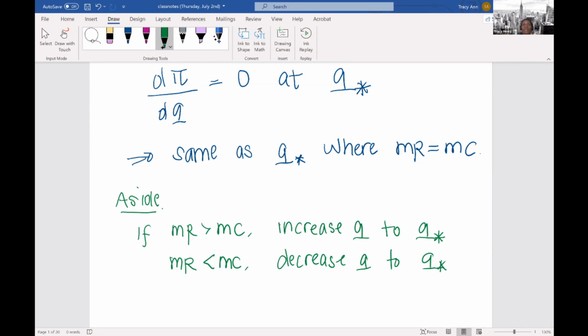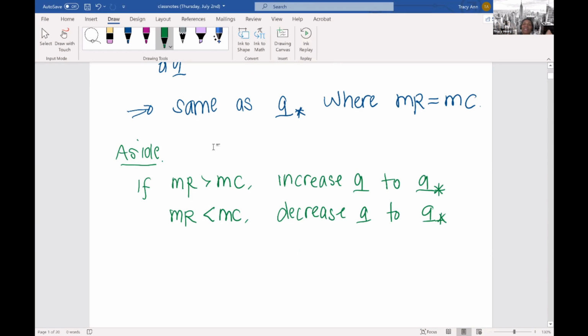So if at the quantity you're producing, the additional revenue from the last unit you produced and sold is greater than the additional cost to produce it, then you want to produce another unit, because your additional revenue is greater than your additional cost. If marginal revenue is less than marginal cost, you want to decrease your quantity to the point where marginal revenue is equal to marginal cost.